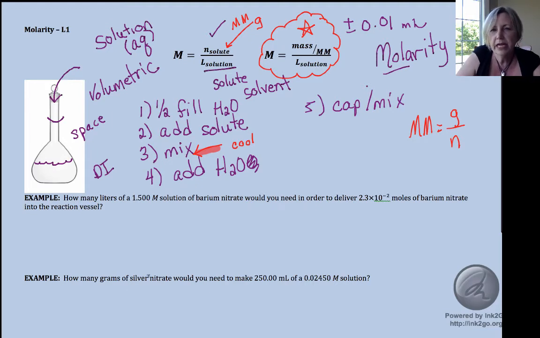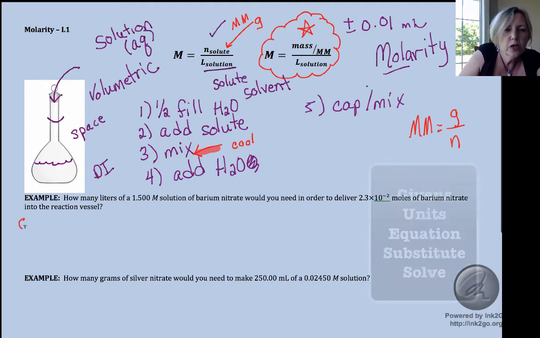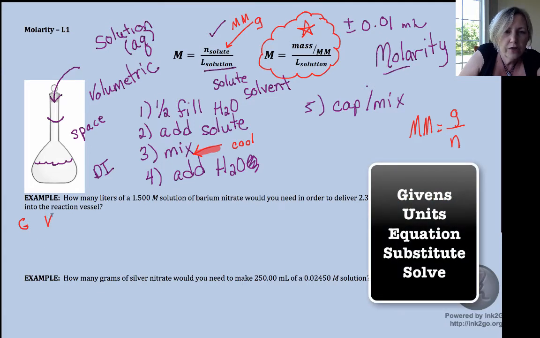So that formula combines those two formulas. Okay, so our givens are a molarity equal to 1.500 molar solution. Moles are equal to 2.3 times 10 to the minus 2. And the question is, how many liters?